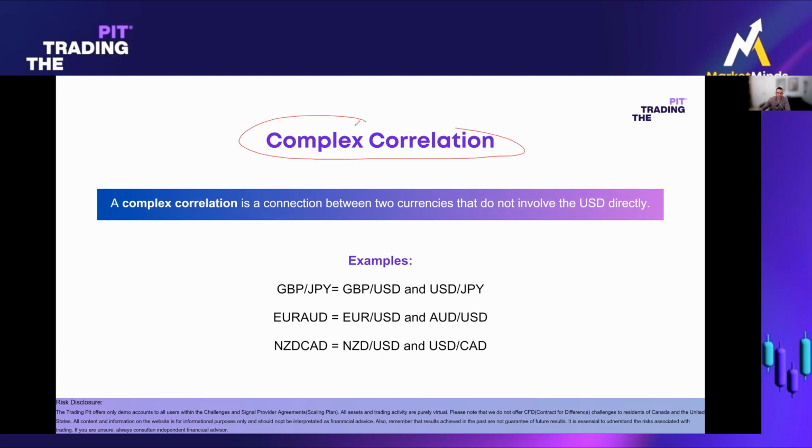The complex correlation is the connection between two currencies that do not involve directly the US dollar. But write this down. All the currency pairs we see on our chart, directly or indirectly, do involve the US dollar.